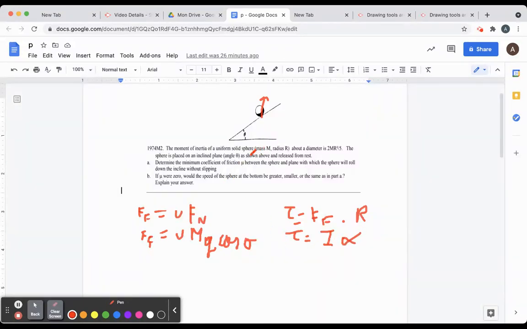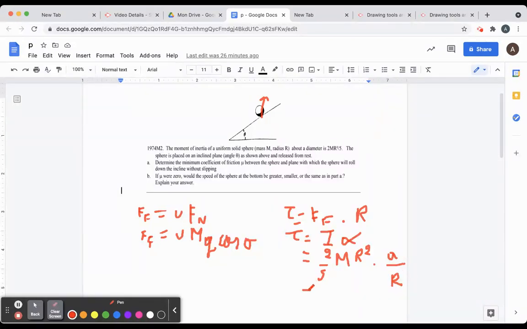And we have the moment of inertia, which is 2 over 5 mr squared. We'll replace that. And we know that alpha is acceleration over r, so times a over capital R.